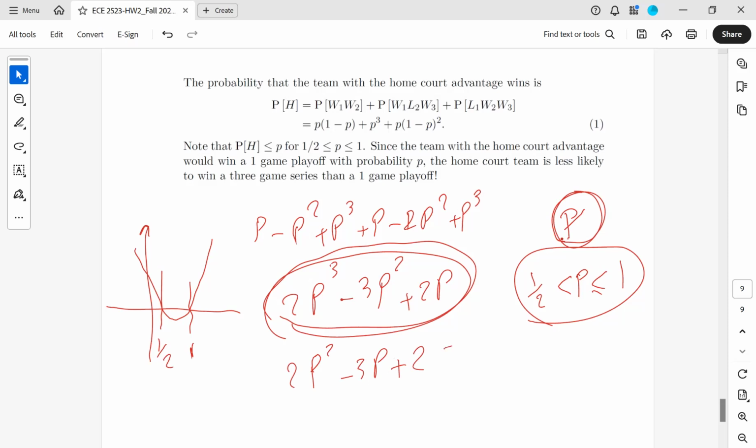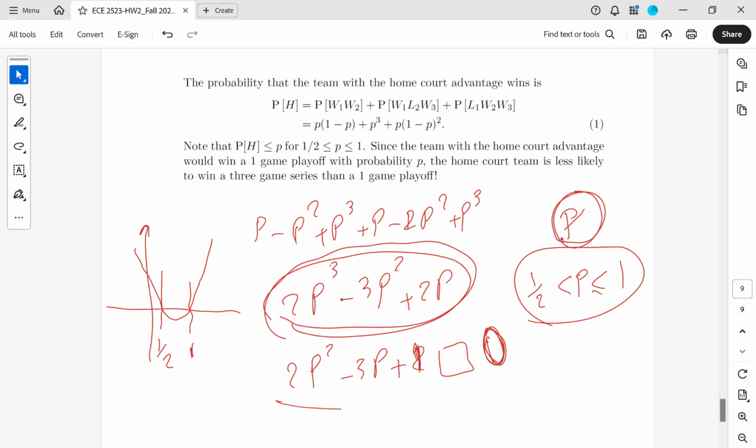And the other side of this relation is going to be 1. You could move the 1 from one side to another. So this is going to be 1 and 0.